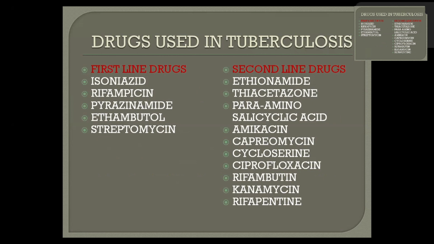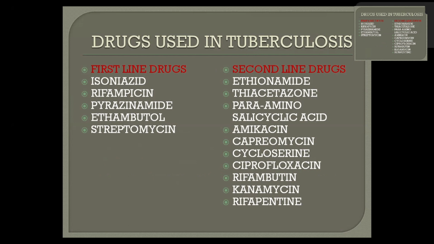Second-line drugs are ethionamide, thiacetazone, para-aminosalicylic acid, amikacin, capreomycin, cycloserine, ciprofloxacin, kanamycin and rifampicin. These are the drugs that come under second-line drugs. Even in pharmacology, you are asked to classify the drugs used in tuberculosis.